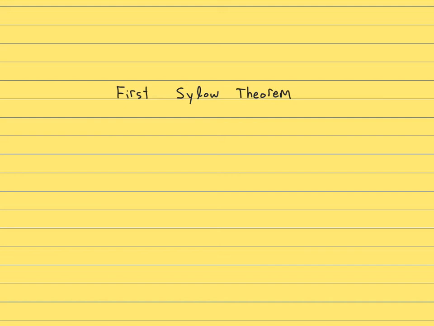And so the main idea is that Lagrange's theorem tells you that if H is a subgroup of G, then the order of H divides the order of G, or the index of H in G is a divisor of the order of G. They're both equivalent statements.